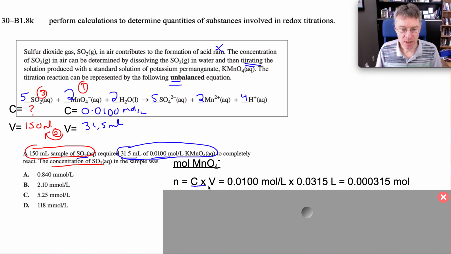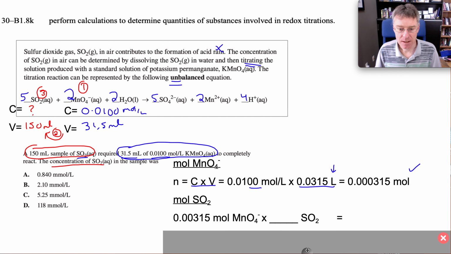To get moles, you need concentration times volume for solutions. I grab my concentration. Now the volume, you've got to convert your units. You divide by 1,000 to get liters. So we have our moles of permanganate. Next, we've got to do step 2, turn moles of permanganate into moles of sulfur dioxide. And that's where this 2:5 ratio will come in.